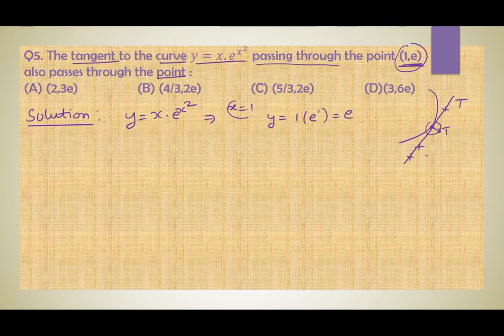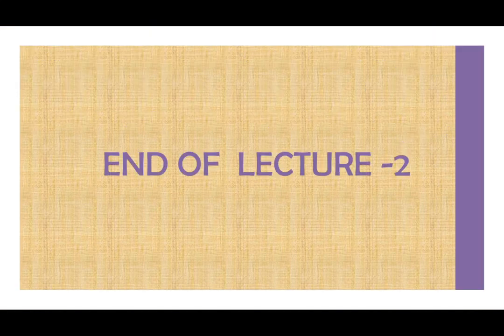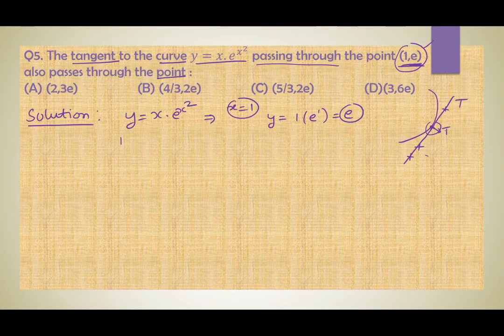So I'm getting (1, e). So my instinct was right here. My intuition was correct. So (1, e) is a point that lies on the curve as well as on the tangent. So (1, e) is nothing but the point of contact.